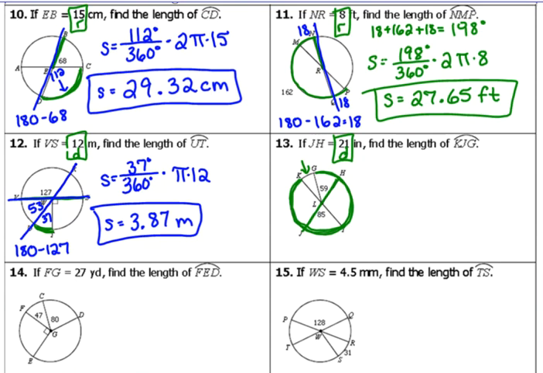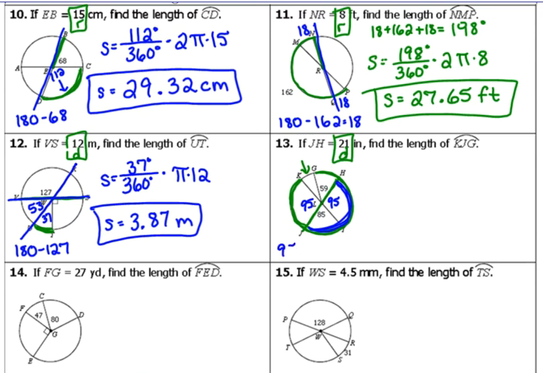When I look at this, I see that I've got half the circle right here. That whole thing's 180. So 180 minus 85 is 95. And that's a vertical angle. So I got 95 over there as well.